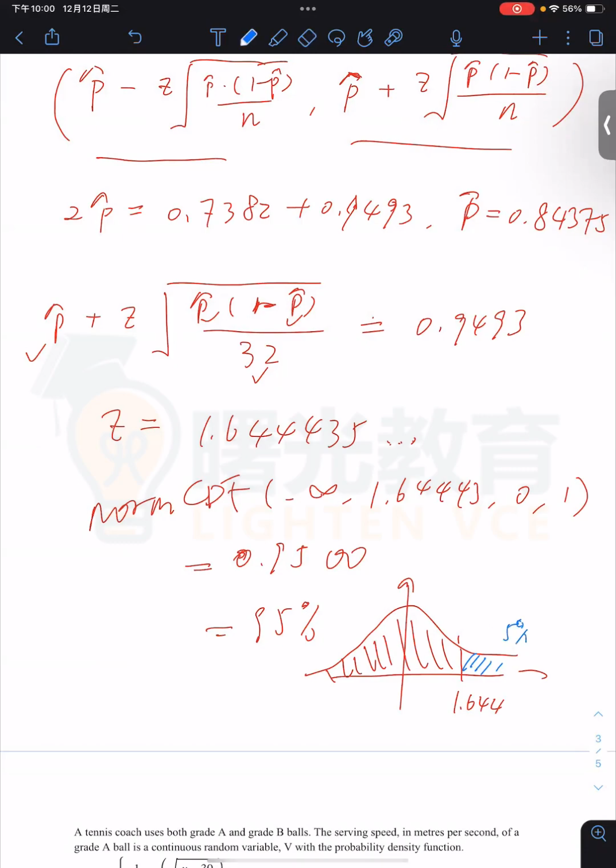And we are looking for the confidence interval. So it would be from negative 1.644 to positive 1.644. And you have to subtract another 5% from the 95%. Then it corresponds to 90%. The 90% confidence interval is the answer to the question.